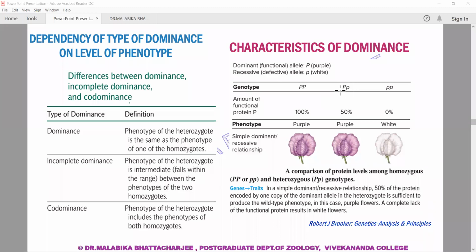In this case, only one capital P is producing 50% of the product and we are getting a purple color. There is no difference between the two purple colors. So one capital P is enough to produce sufficient protein, which is equivalent to the expression that was produced by two capital P. So here the capital P is known as a haplosufficient gene.